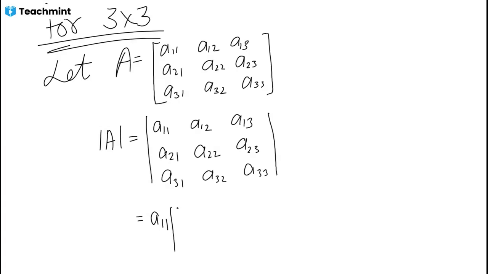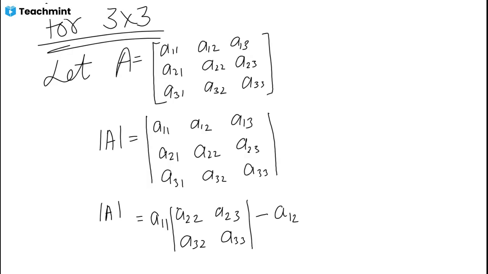So leave the elements of first row and first column and write down the remaining elements in the form of 2 by 2, like A22, A23, A32, and A33. Take negative sign. This is like a formula you can understand. We'll take the first as positive, next is negative, and last will also be positive.